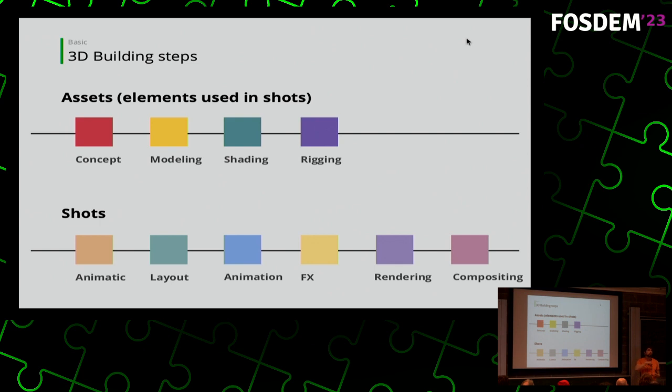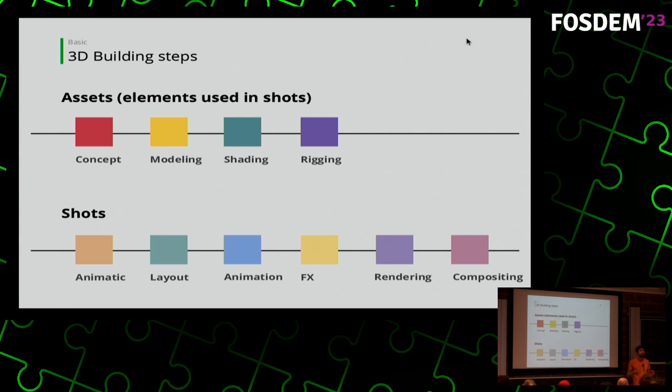Then you have to paint it, so you apply textures and physical materials. We name that step shading. And the other important step is the rigging. Basically, you add bones to your mesh, to your 3D model, and it makes a puppet of it.